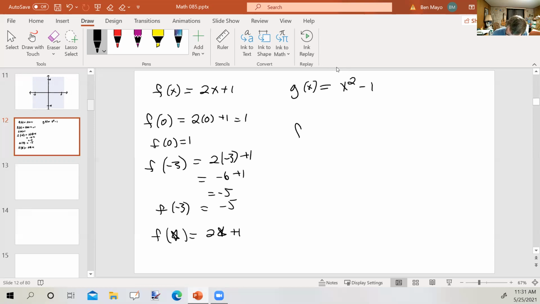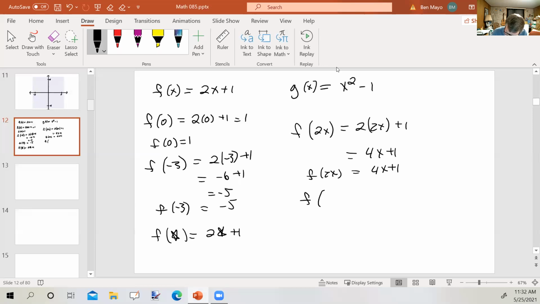What if I had f of 2x? Then I would put 2x in the place of x in the original function, which would then give me 4x plus 1. So f of 2x equals 4x plus 1. What if I had f of x squared minus 1?